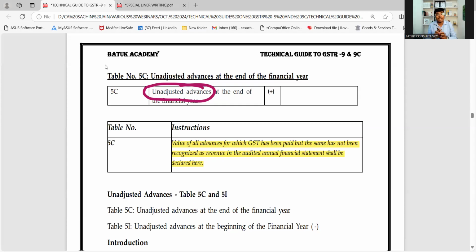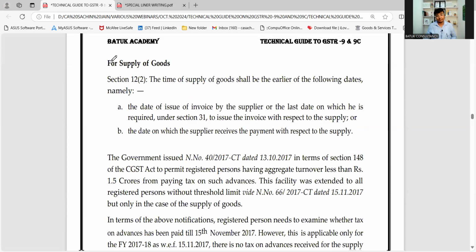So in such a situation, definitely there will be a difference between the turnover as per audited financial statement and as per GSTR-9, because in your GSTR-9, turnover is higher compared to the turnover declared in the audited financial statement. So you need to make the necessary adjustment while comparing the turnover. That is what we need to keep in mind.